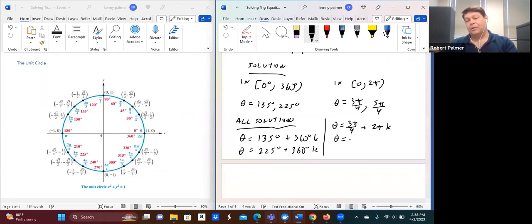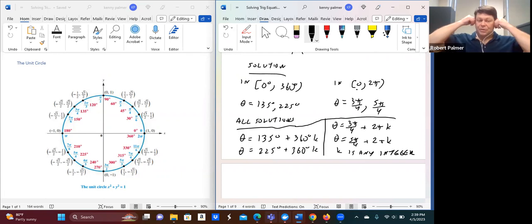And also for the other one, 5 pi over 4 plus 2 pi times k, where k is any integer. Remember, integers are numbers like 0, 1, 2, 3, and their negatives. So any one of those will give you a solution. That's if it asks for all solutions. Sometimes it may just ask for solutions in 0 to 2 pi or in 0 to 360 degrees or possibly in other intervals.